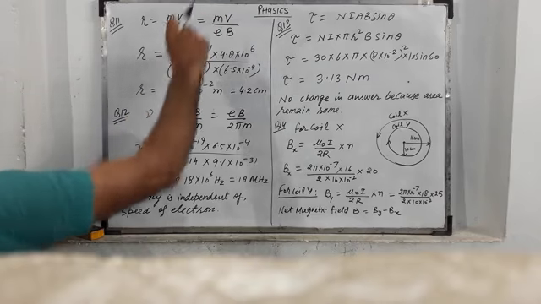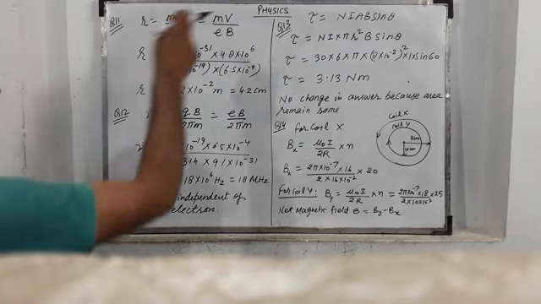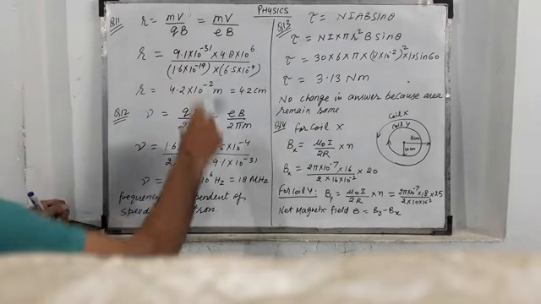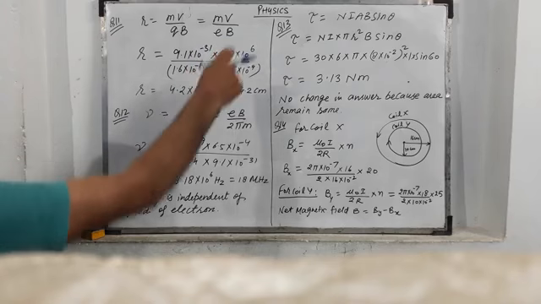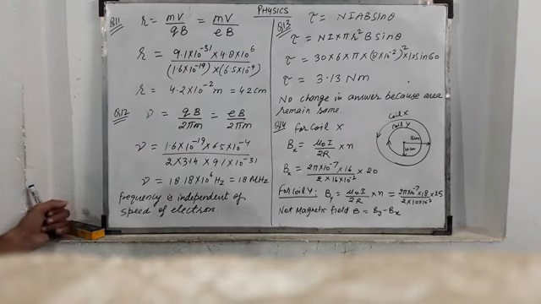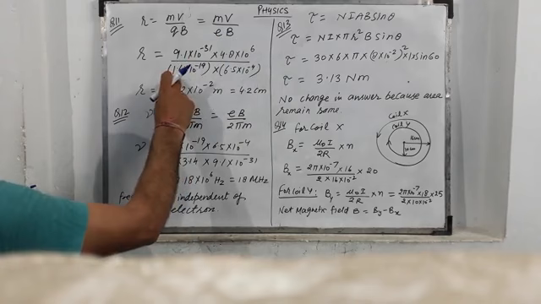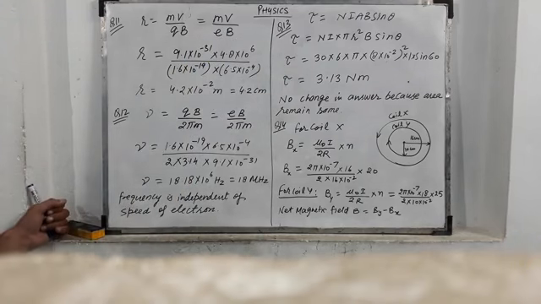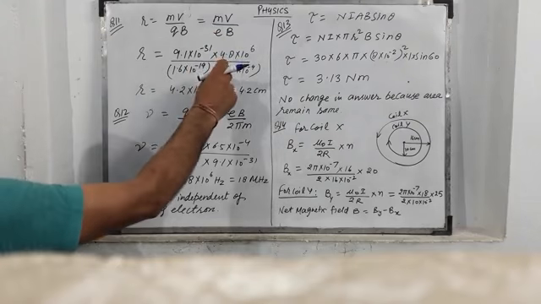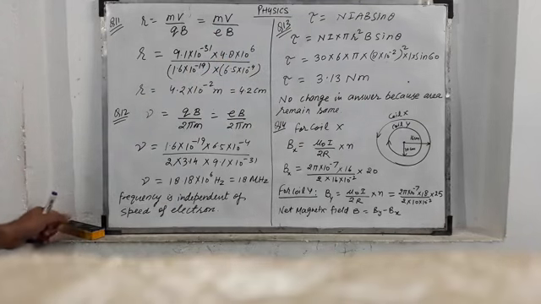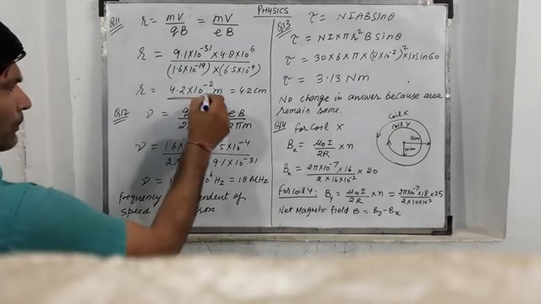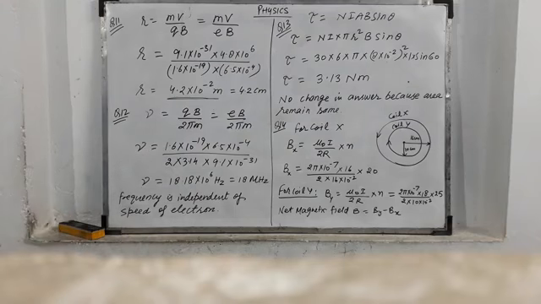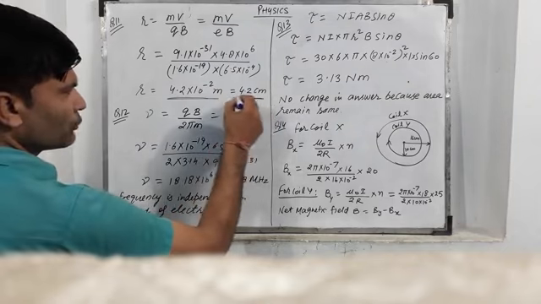All the values are given: mass of electron is 9.1 times 10 to the power minus 31, velocity is 4.8 times 10 to the power 6, charge is 1.6 times 10 to the power minus 19, and magnetic field is 6.5 times 10 to the power minus 4. By calculating we get 4.2 times 10 to the power minus 2 meter, that is equal to 4.2 centimeter.